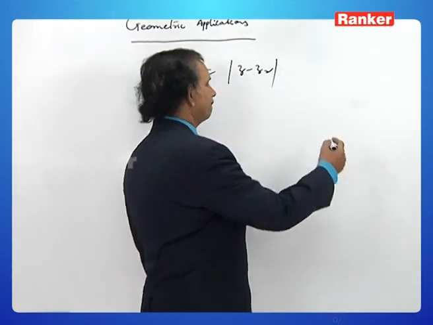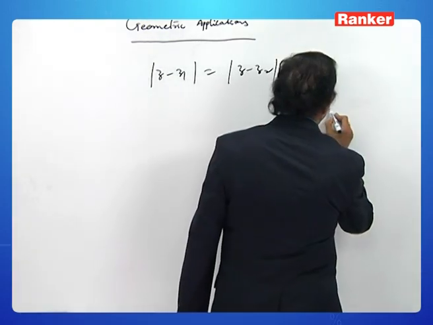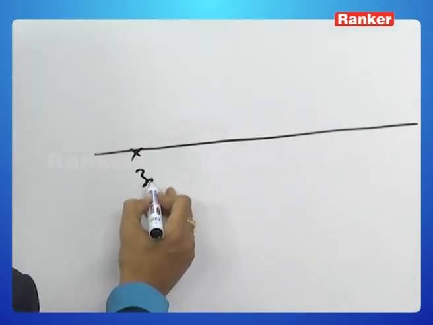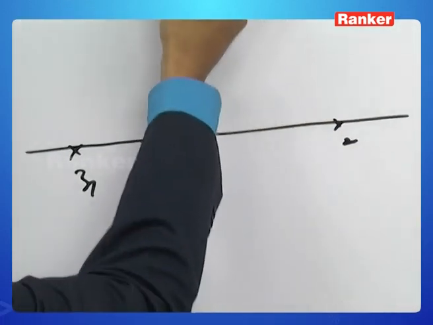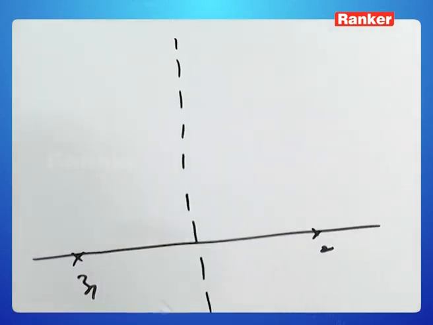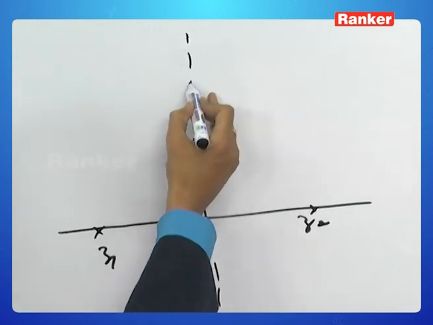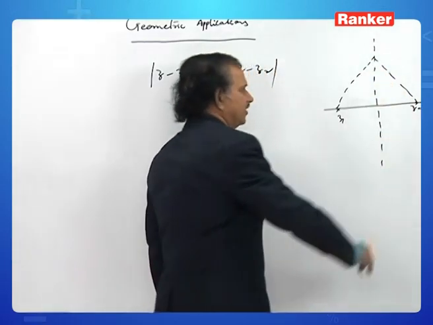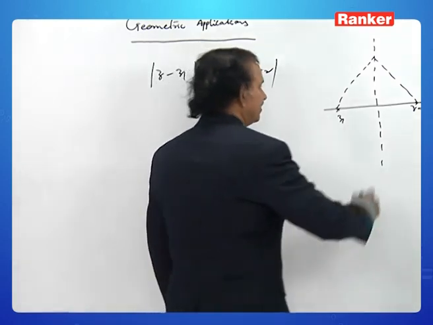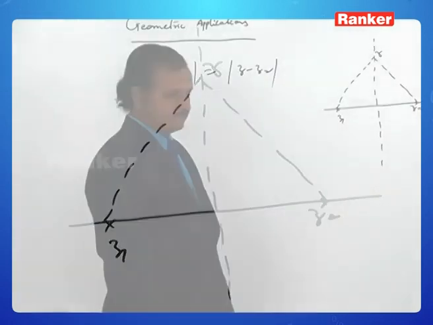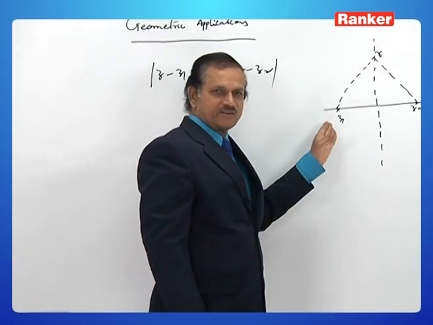Look here. Let this be Z1, let this be Z2, and Z is a complex number. Z is a complex number which moves at an equal distance to Z1 and Z2, isn't it? Observe the diagram. What is the distance? Mod Z minus Z1.